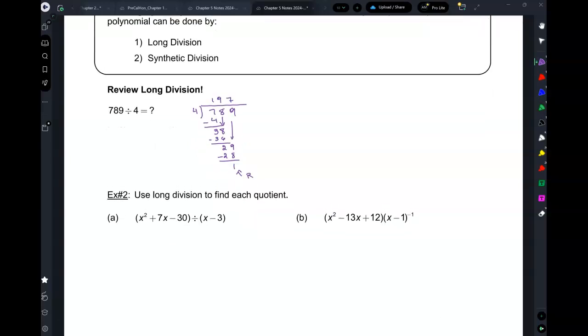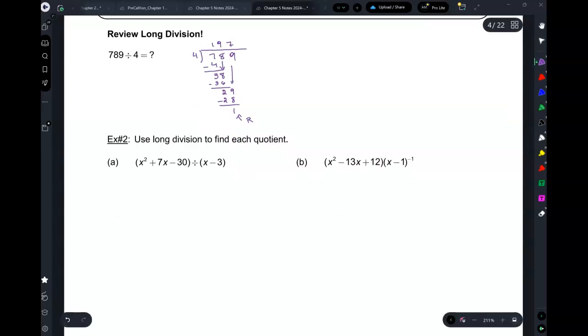Now I'm going to do long division for these. So, here we go. x squared plus 7x minus 30 divided by x minus 3. In here, this 789 is called, do you guys know what it's called? The dividend.